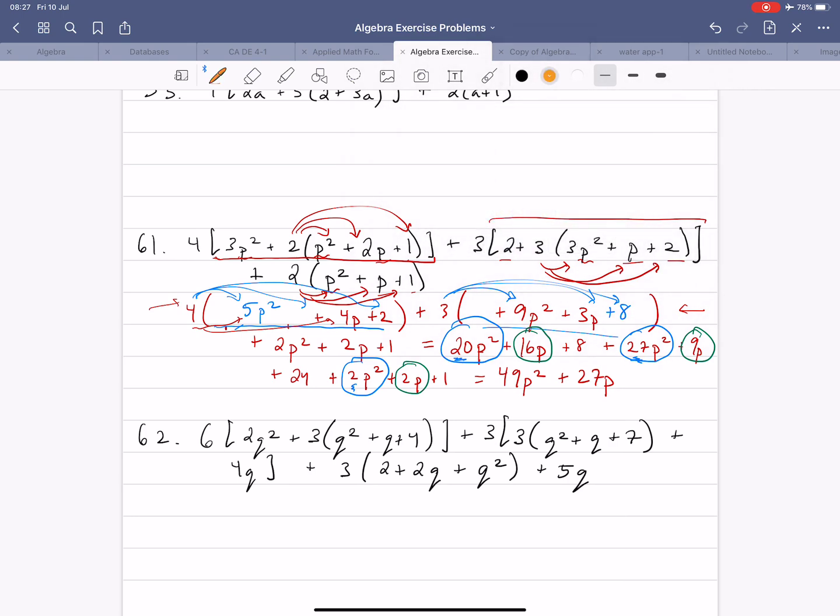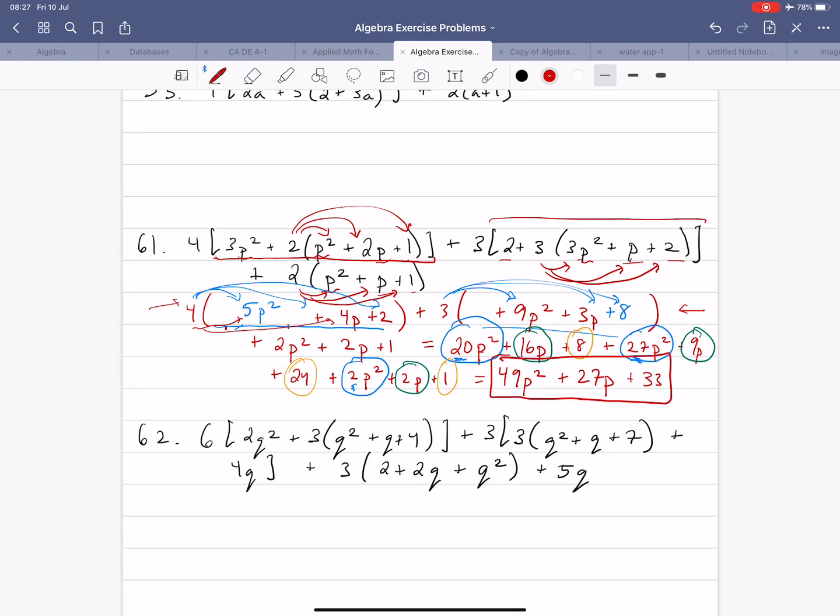Finally, I'm going to do the same thing for all the integers that I have, 8, 24, and 1. 8 plus 24 is 32, plus 1 gives me 33. And this is my final simplified answer, right?